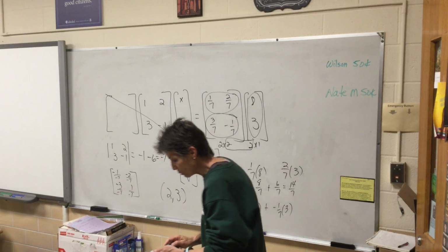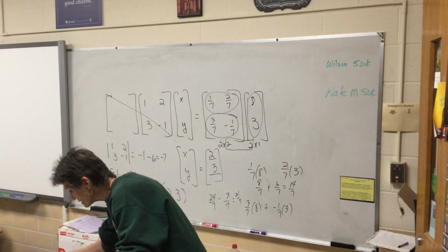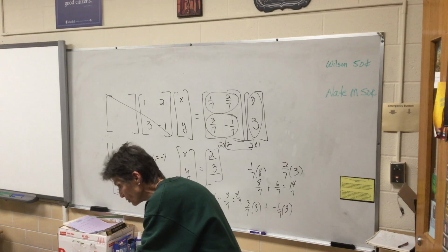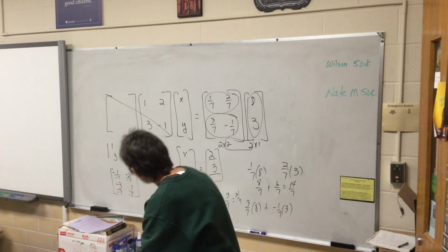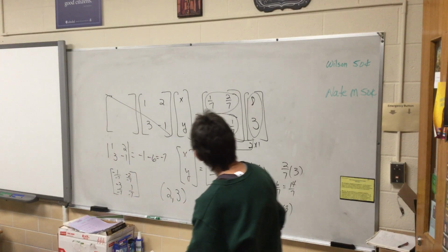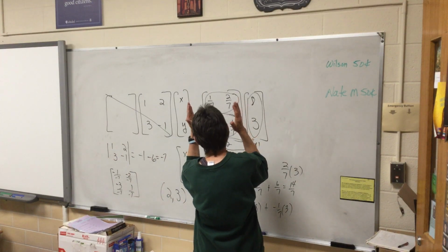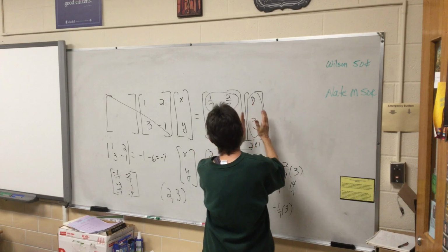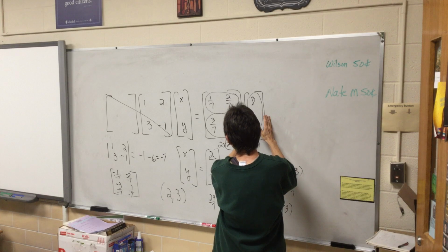That system of equations could have been solved using Cramer's rule, substitution, elimination, any of those things. This is how you do it with the inverse method. We took the inverse times the constants from the original equation.